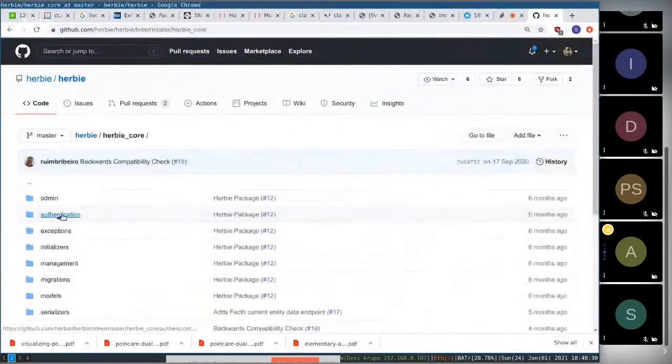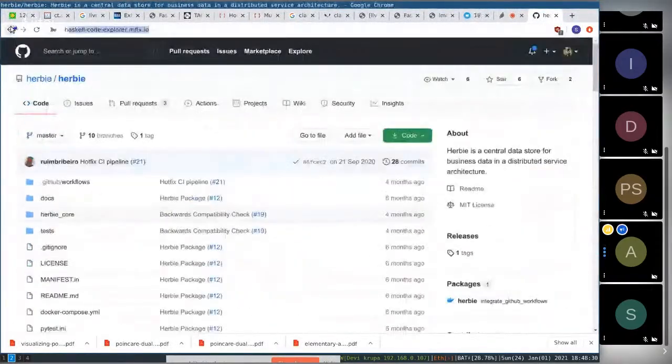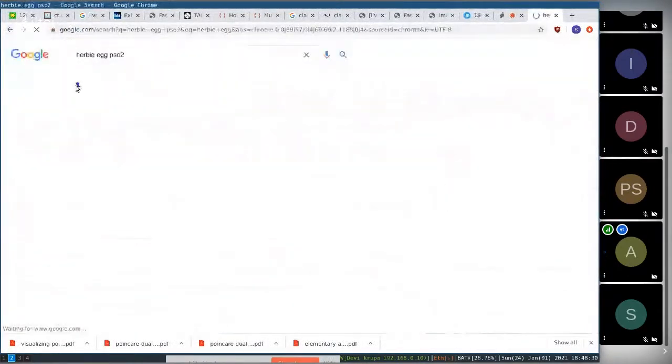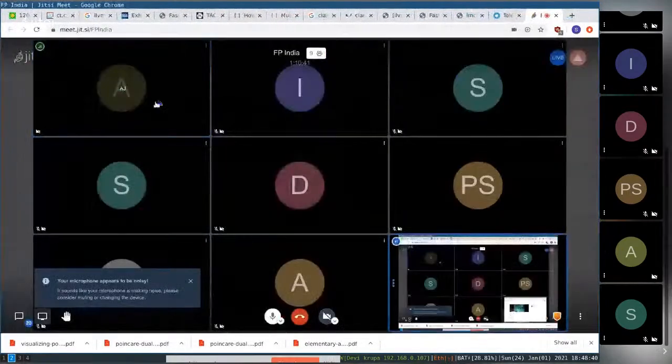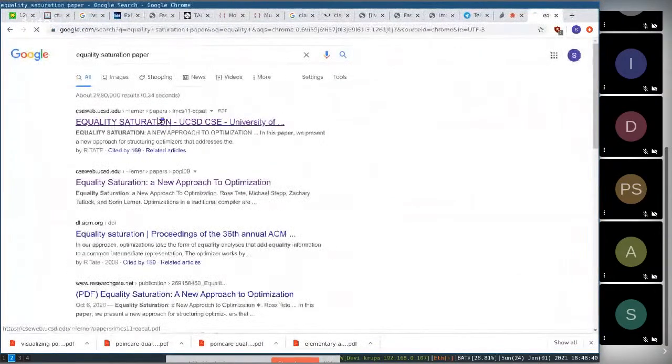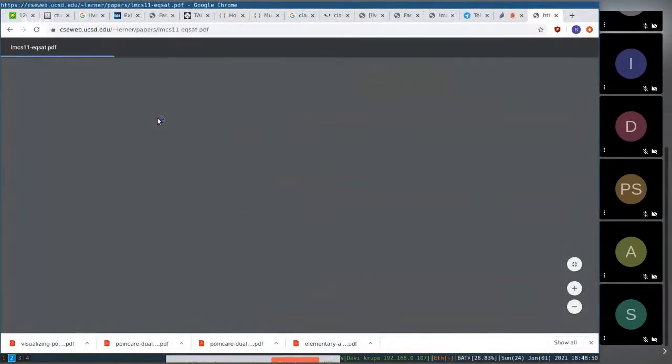Has anyone tried to apply this to a mainstream programming language like PureScript or Haskell, like a functional language? I'm assuming this applies better to functional programming languages. So there was a series of papers in 2011 or so called Equality Saturation, a new approach to optimization.